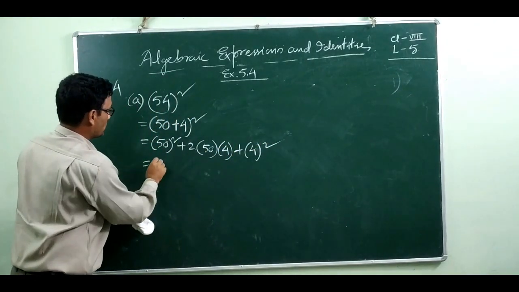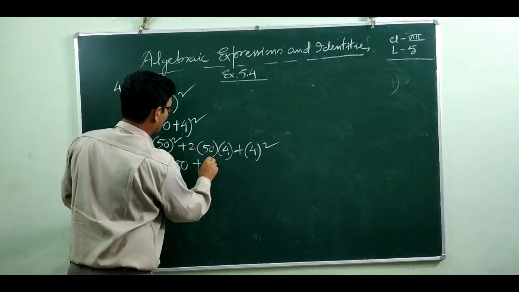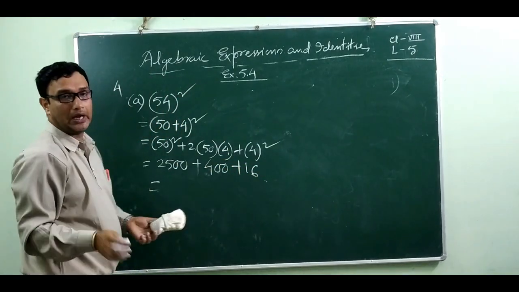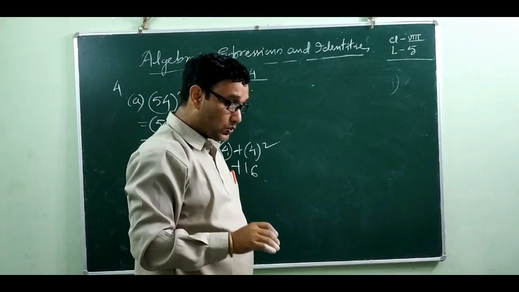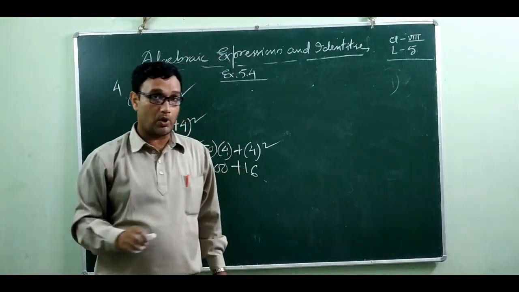Then 50 square means 2500, plus 400, plus 16. Then you will get your answer. Like this way, for question number 4 the remaining ones you can solve.